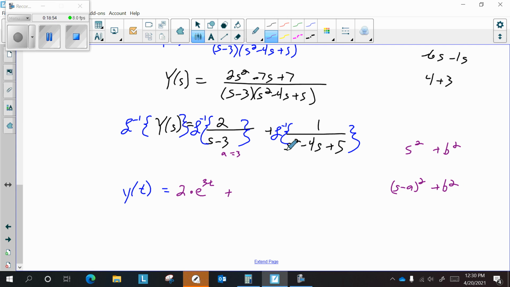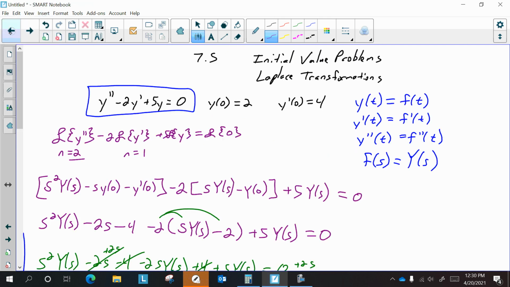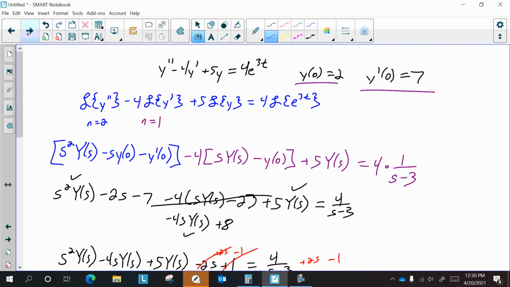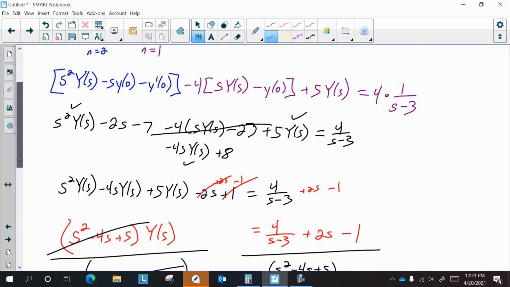So we have an s squared and an s term, which means we need to complete the square for those 2 terms to make that into s minus a times s minus a. So actually I think we had different numbers on the previous one. I was mistaken. What did we have? We had s squared minus 2s instead of s squared minus 4s.